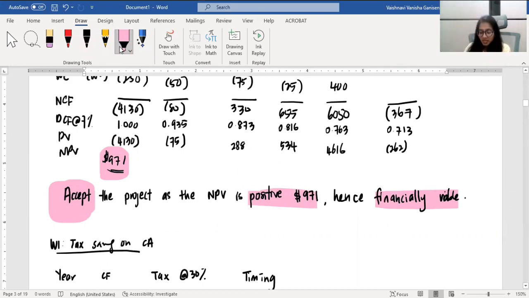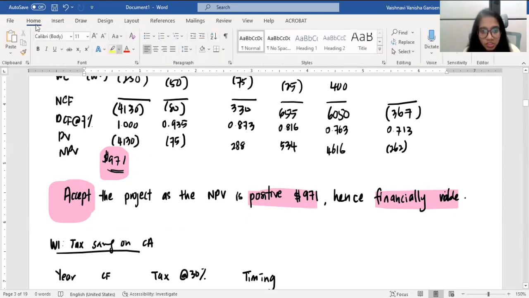The reason why you do that is because when you state accept or reject, you will be able to tell the examiner that you understand the concept of decision making with the NPV. All right. Besides that, please ensure that you calculate everything properly. Don't make any careless mistake, because then you're losing marks unnecessarily.